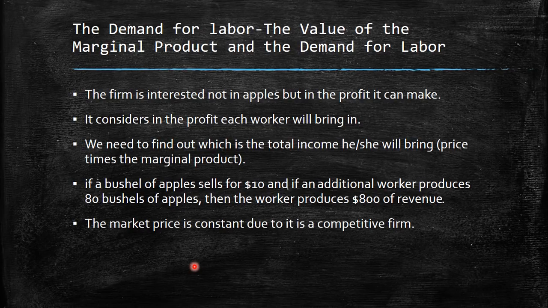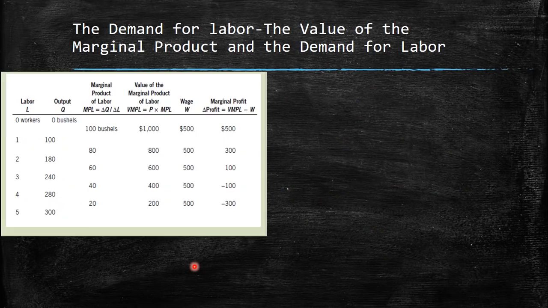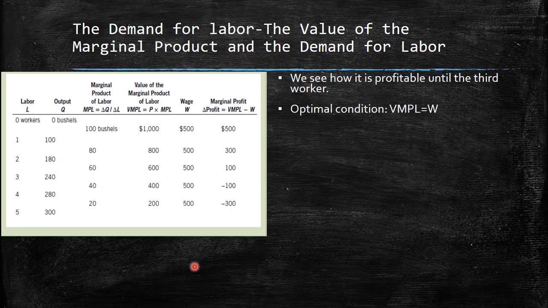The market price is constant because they are price takers, since this is a competitive firm. Here is the table, as we analyzed before, and we see how this product falls until the third worker that we discovered before, and this is the optimal condition. You get it?